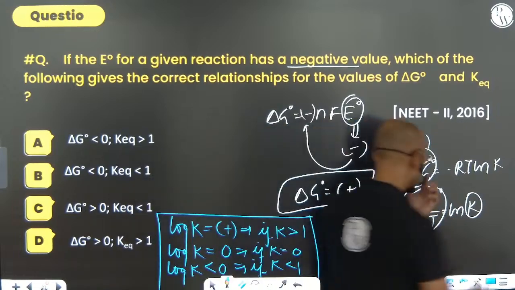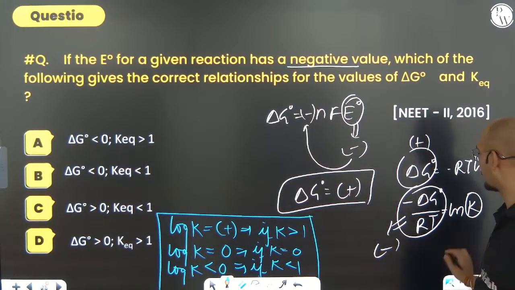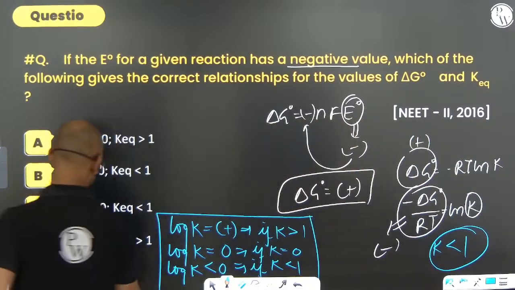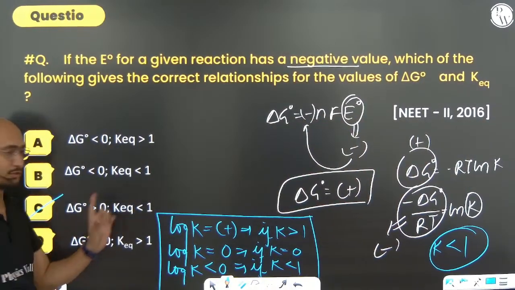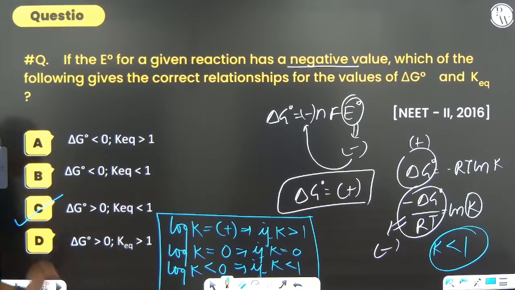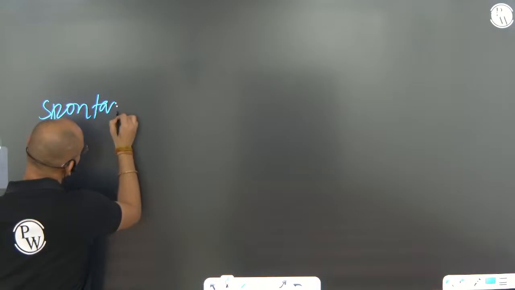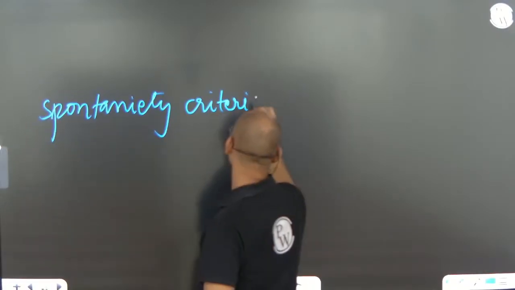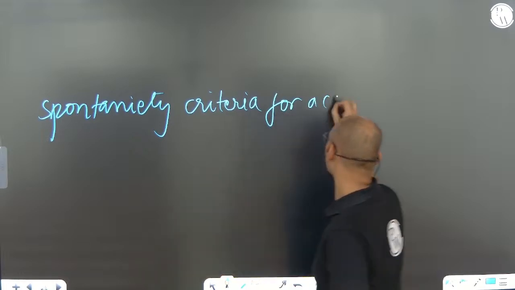So here, because it is a negative value, what can we say? K is less than 1. So which option is correct? K equilibrium is less than 1 while delta G naught is more than 0. Any doubt? No doubt. So as a rule, always remember the spontaneity criteria for a cell.